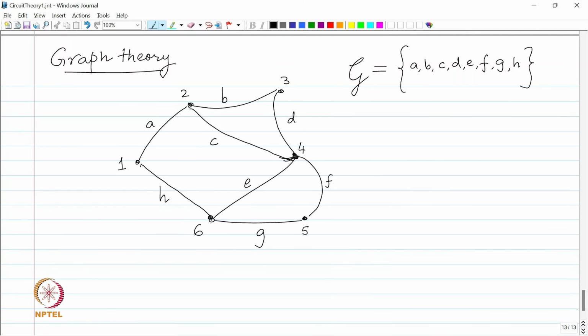You can also talk about, so this is a graph which has nodes six, sorry.